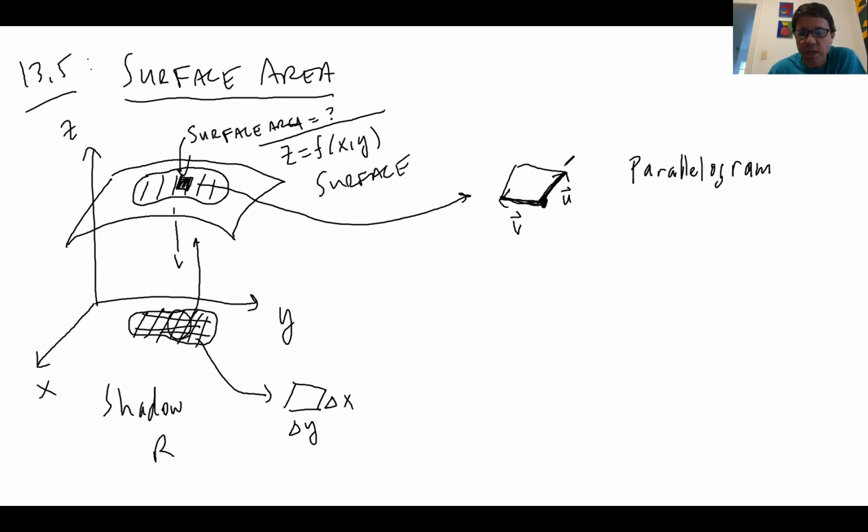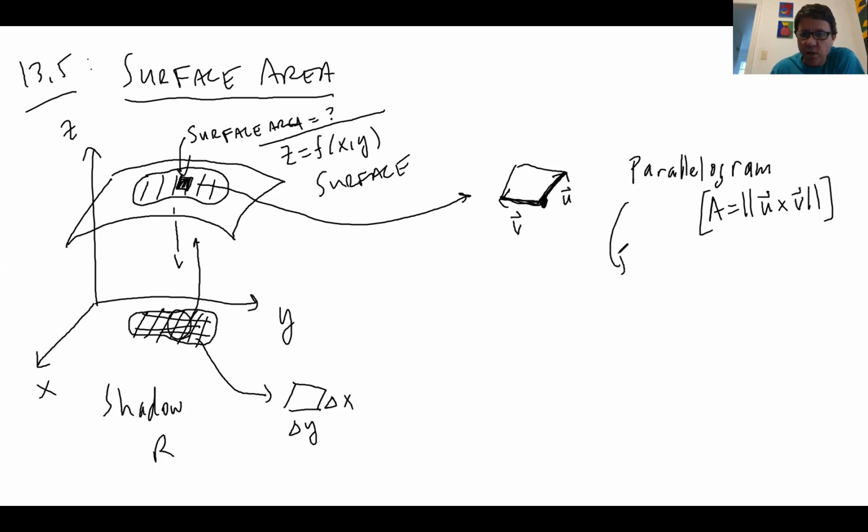So if we knew these things, then to get the actual area, we would scale each of these by delta x and delta y. And then what was the area for a parallelogram? The area was the length of u cross v. That's what we had from before.